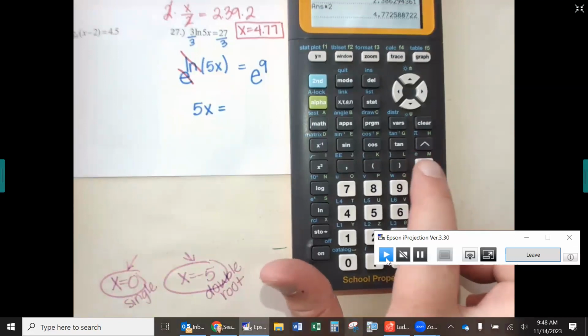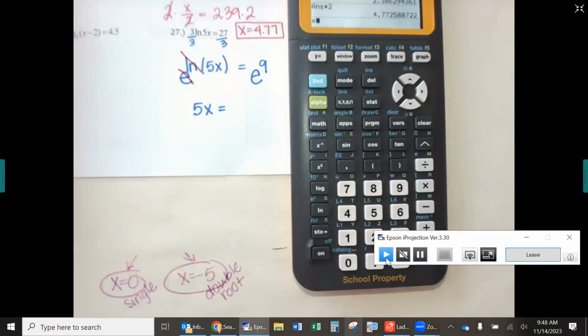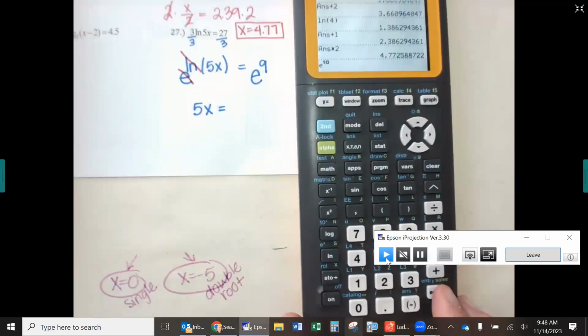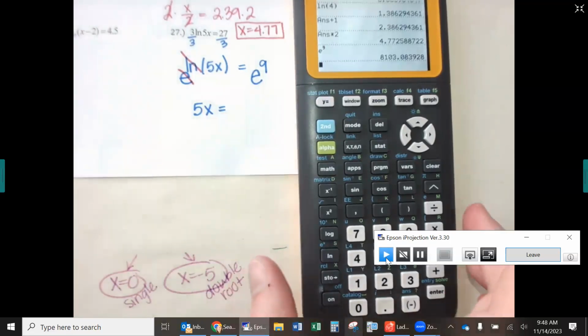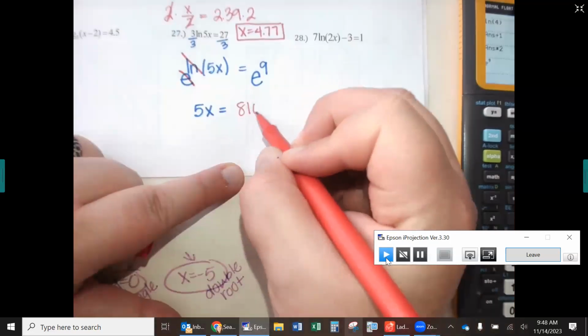So in order to access the E, since it's blue, I'm going to do second divide by, and then up to the 9. Okay, make sure 9 is an exponent on the E. Okay, and it's a big number, 8103.